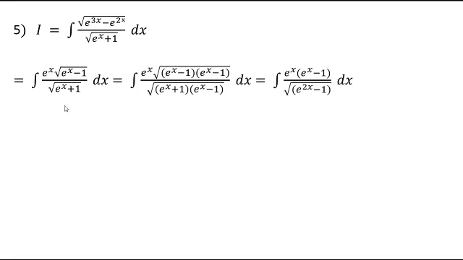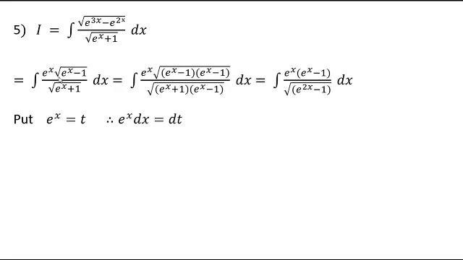Now let me first rationalize the denominator. I multiply and divide by e raised to x minus 1, so the denominator simplifies. And now I will make the substitution.